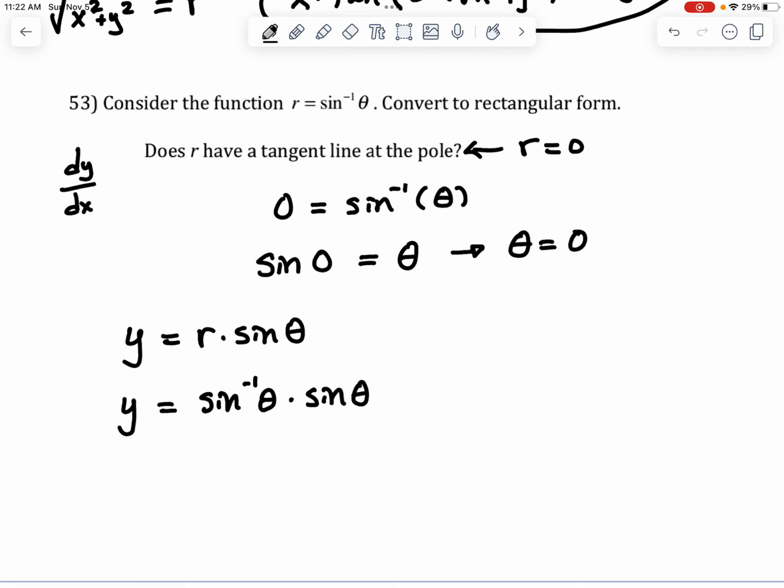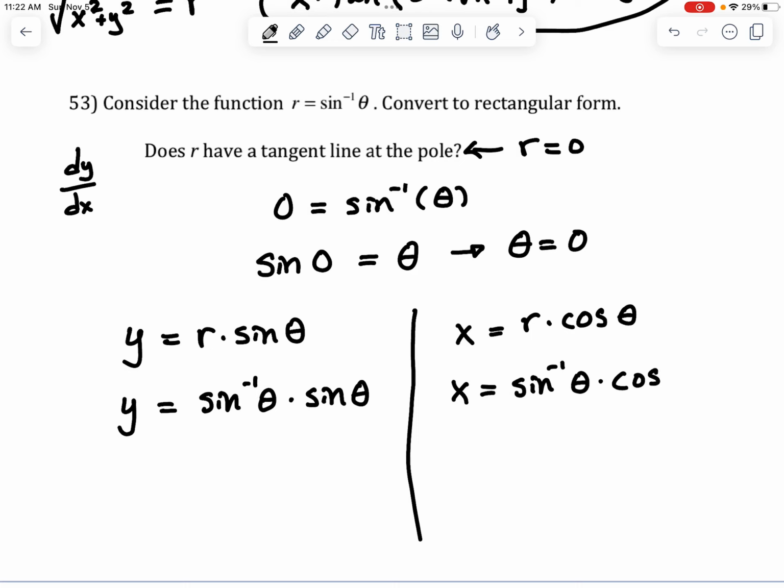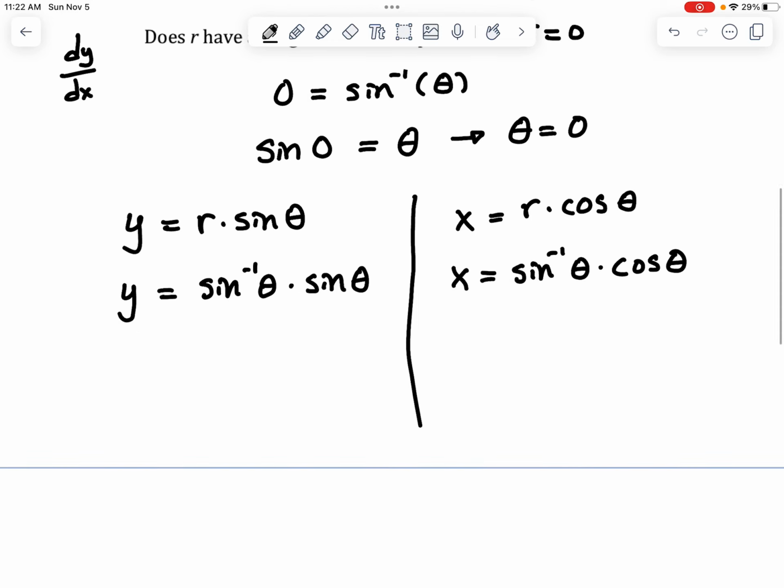And then we would need to do the same thing with x. So at all times, x is equal to r cosine of theta. So in this particular problem, replace the r, x equals sine inverse, and then times cosine. And then we need to find the derivatives of each one, which means we get to do the product rule.